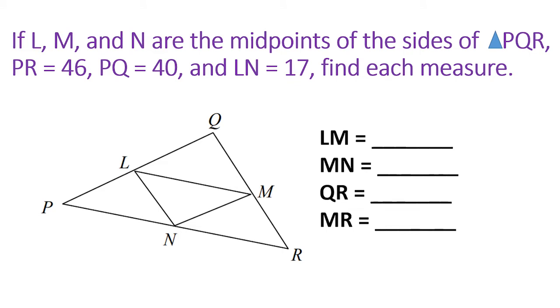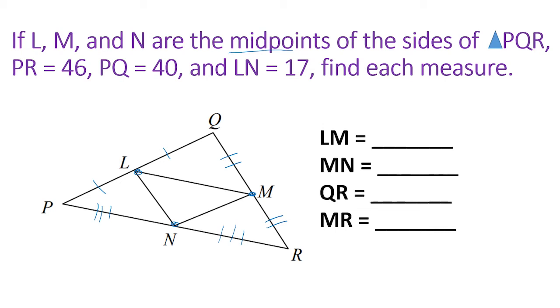All right, so we have an example problem here. It says if L, M, and N are midpoints, and so again, if these points here are midpoints, we can conclude that LQ is congruent to PL, QM is congruent to MR, and NR is congruent to PN.